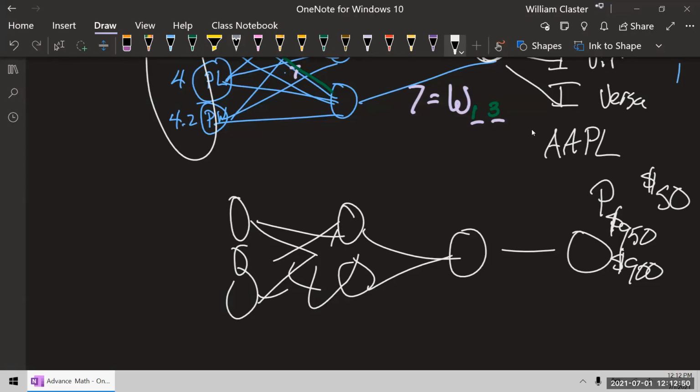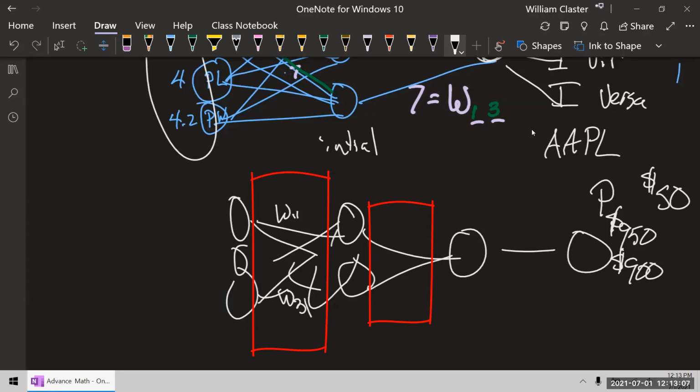Well, remember we have all these weights here, W11 and W31 and all this stuff, right? We have all these weights, and I said those weights initially are randomly set. So we're going to put a random number here, like 0.2 and 0.3, and all these numbers are going to be random at first.